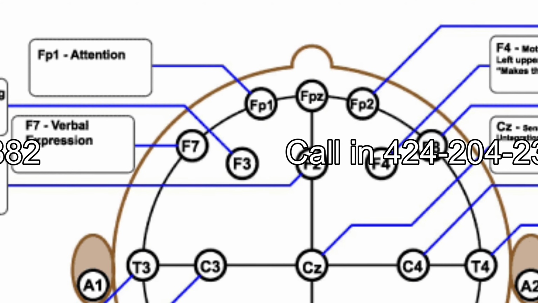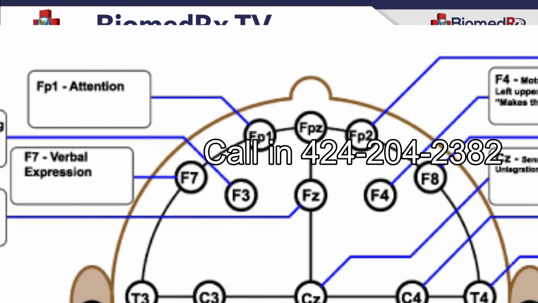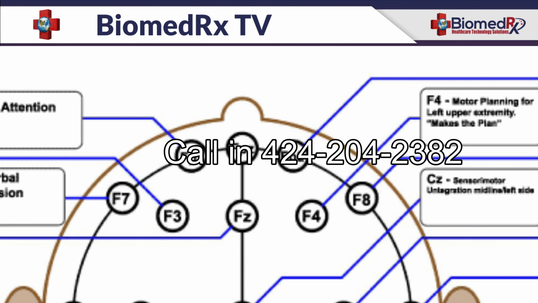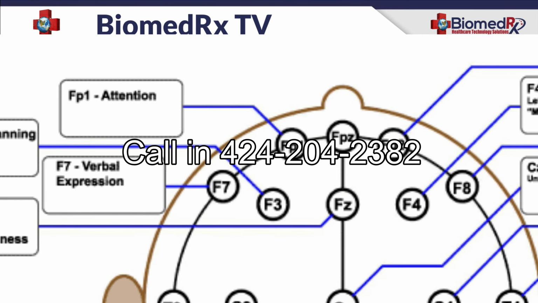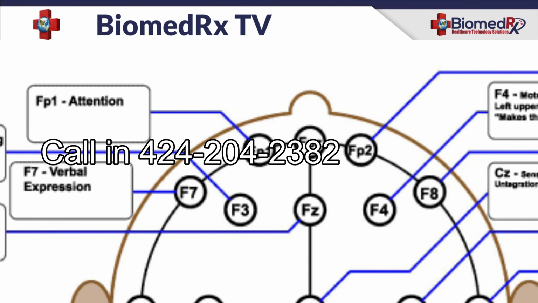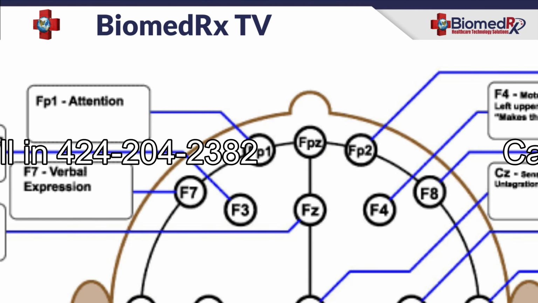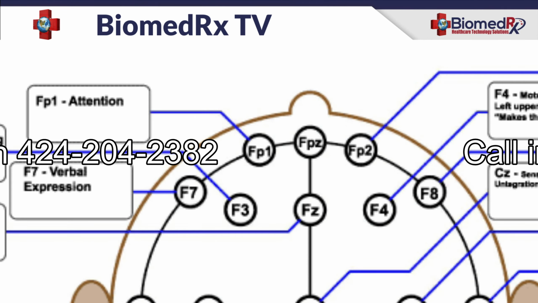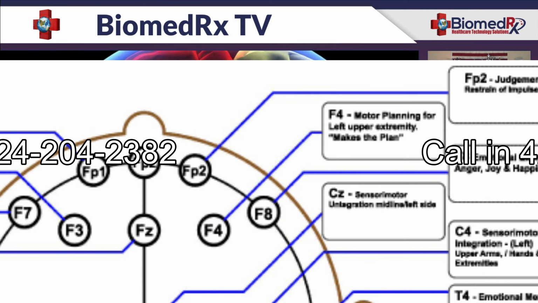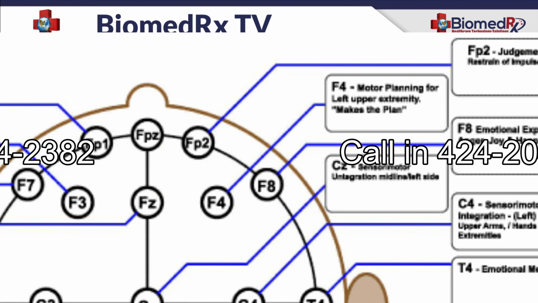Okay, F3 right there. And if you train F3, F4, you're going to find what we say here, motor planning. Yeah, motor planning once again, right? Motor planning, left upper extremity makes the plan.